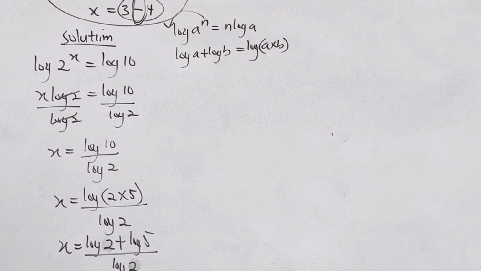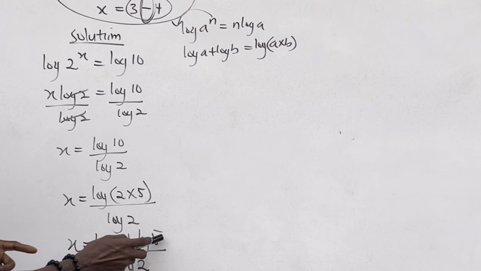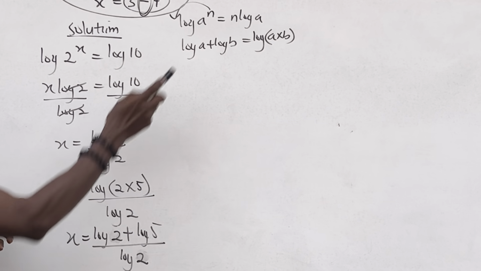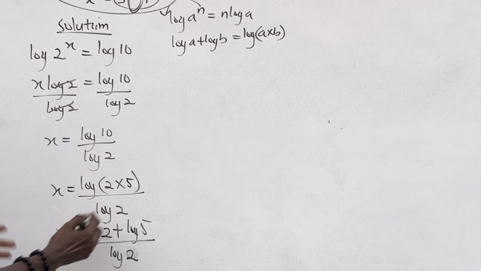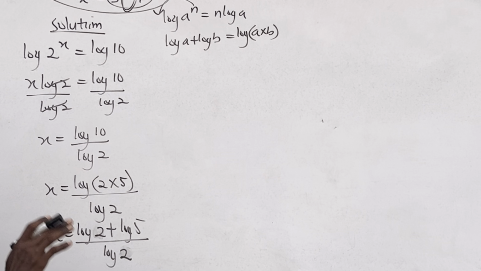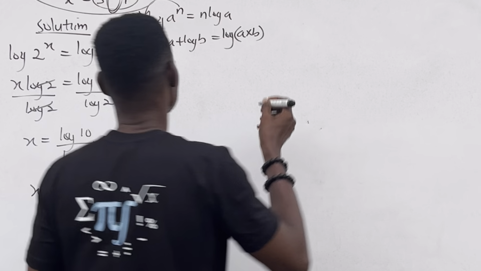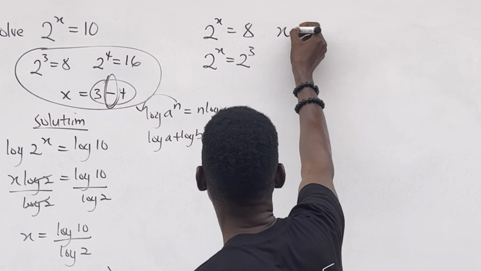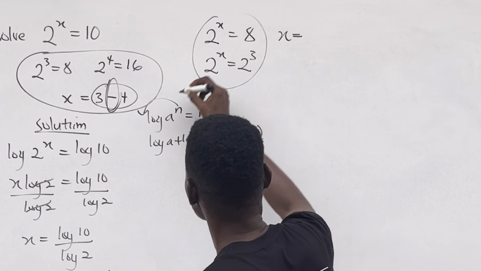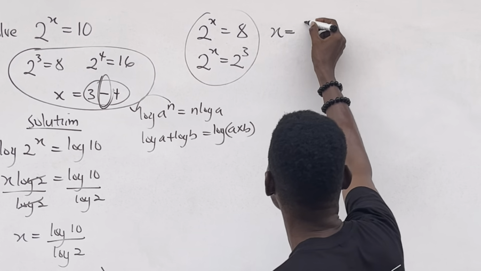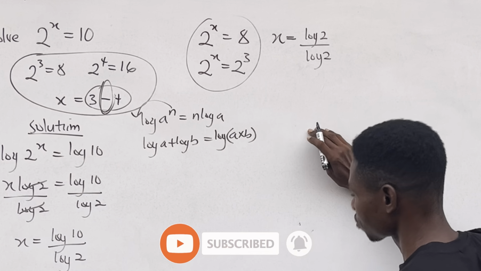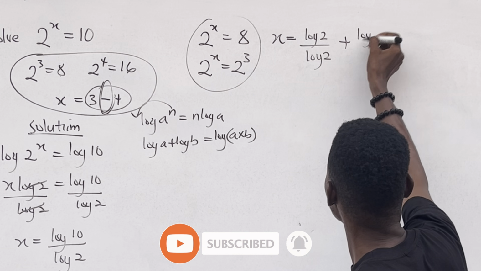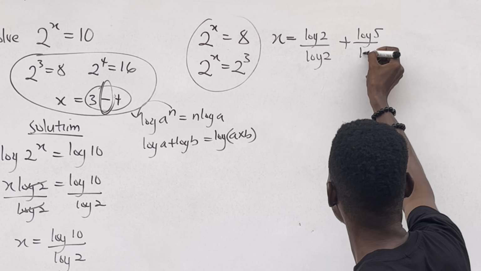So let's move up. We have log 2 plus log 5 over log 2, and I've just explained how this became this. So now let's share this denominator. From here, x equal to log 2 over log 2 plus log 5 over log 2.